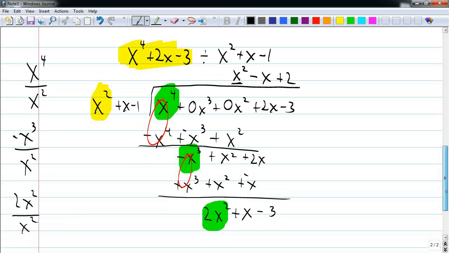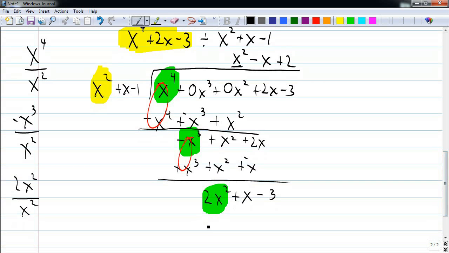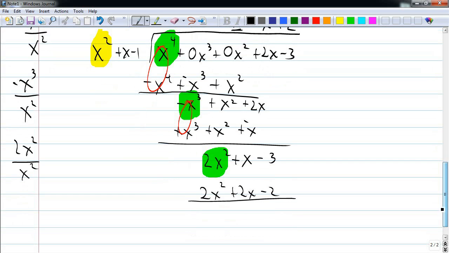Distributing that 2 across the divisor, I have 2x squared plus 2x minus 2. I change signs and add, minus minus plus. Once again, these zero out, and I get negative x minus 1.